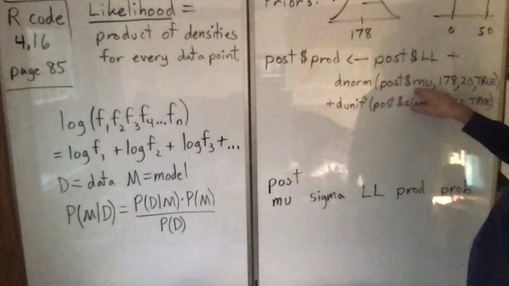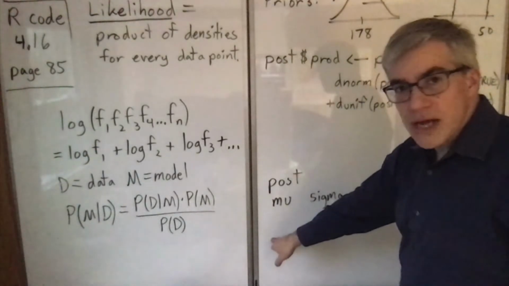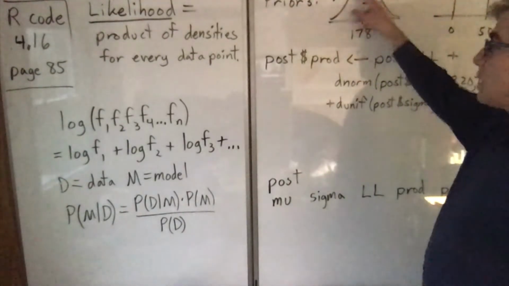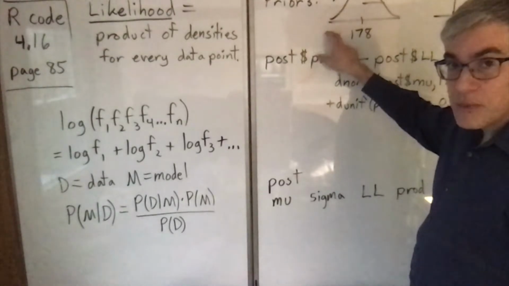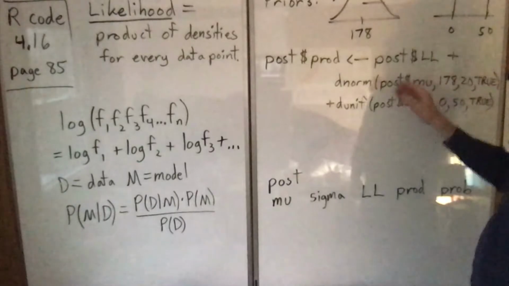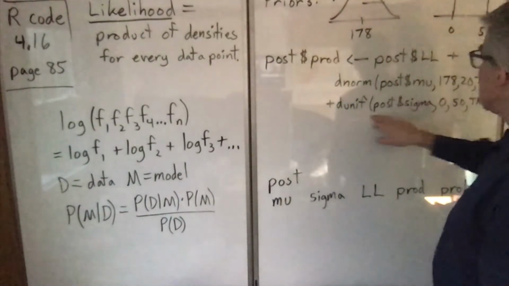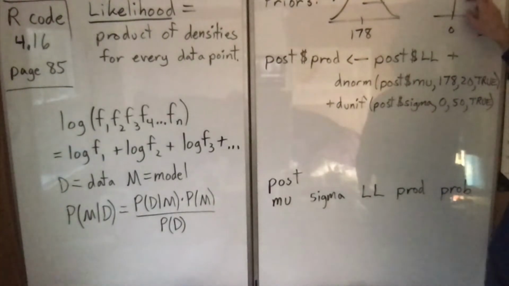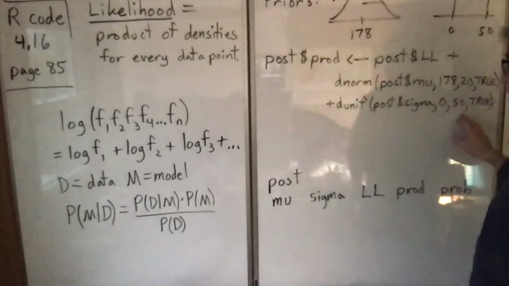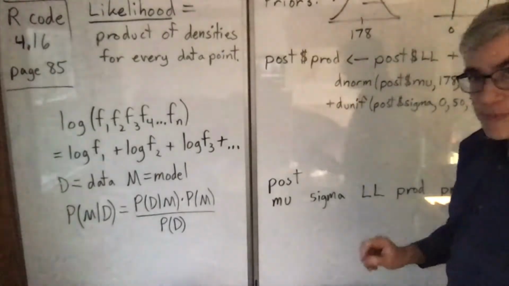This post$mu is taking the particular entry in that row for mu and working out how likely is that given our prior beliefs about mu. And it's giving us the height and then the logarithm of that. Likewise, the logarithm of the height of the density for the uniform distribution for the case of sigma, and then those are getting added together.